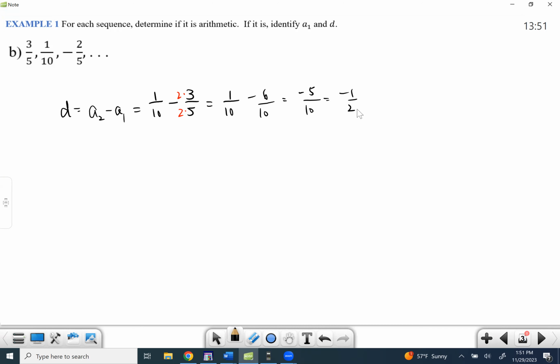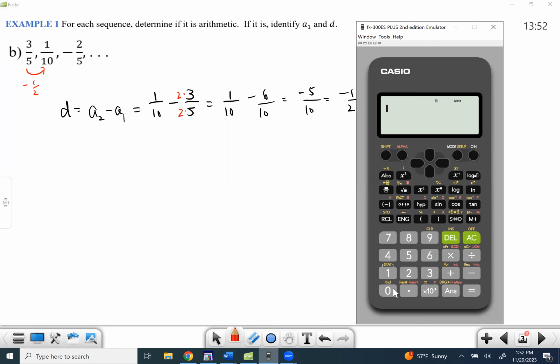Now, I'm not sure if that's the common difference, because I have to make sure that that's what's being added every time. We know that from here to here, we subtracted 1/2, or added a -1/2. But we have to see, to get from 1/10 to -2/5, did we also subtract 1/2?